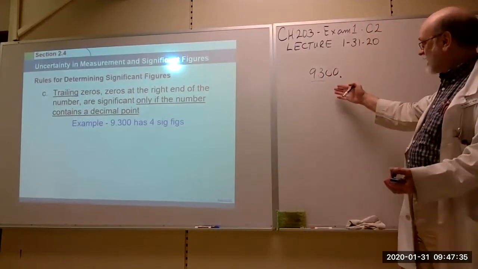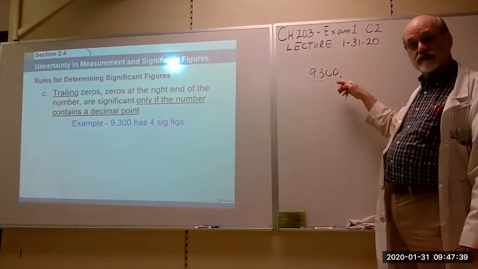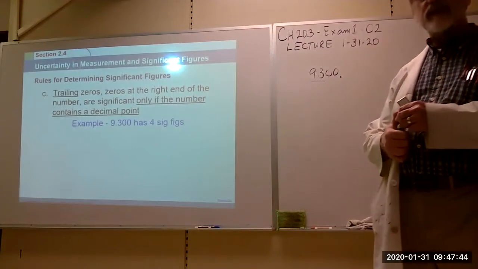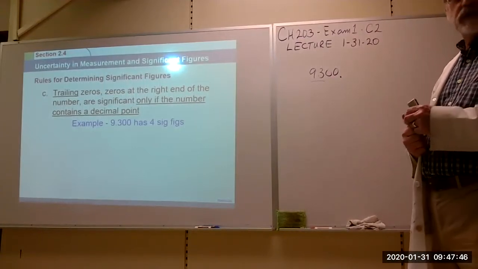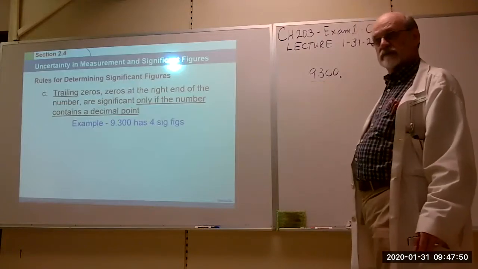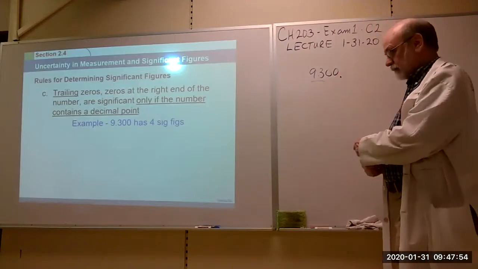An explicit decimal makes those two zeros significant. So now there are 4 significant figures in that number. This is the uncertain one.